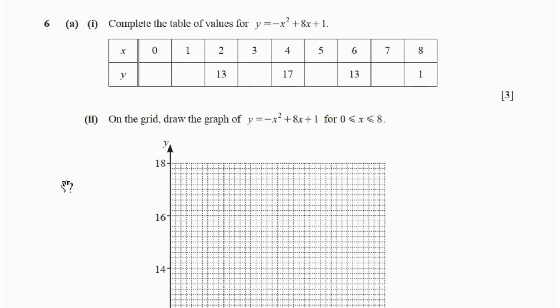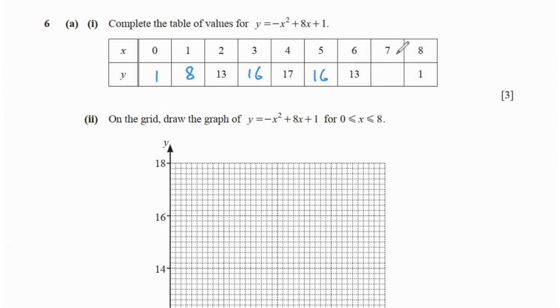Question 6 says complete the table of values for y equals negative x squared plus 8x plus 1. So we're going to substitute the values of x in the equation. When we substitute x equals 0, we get 1. When we substitute x equals 1, we get 8. x equals 3 gives us 16. x equals 5 gives us 16 again.